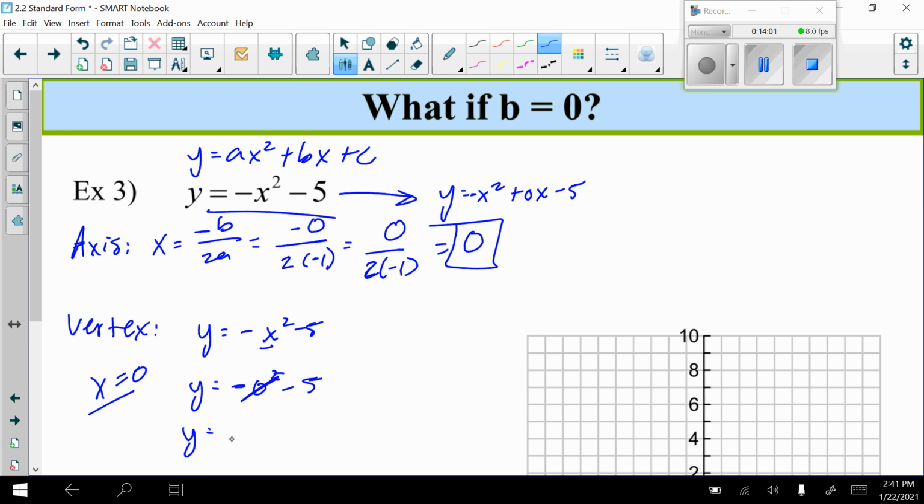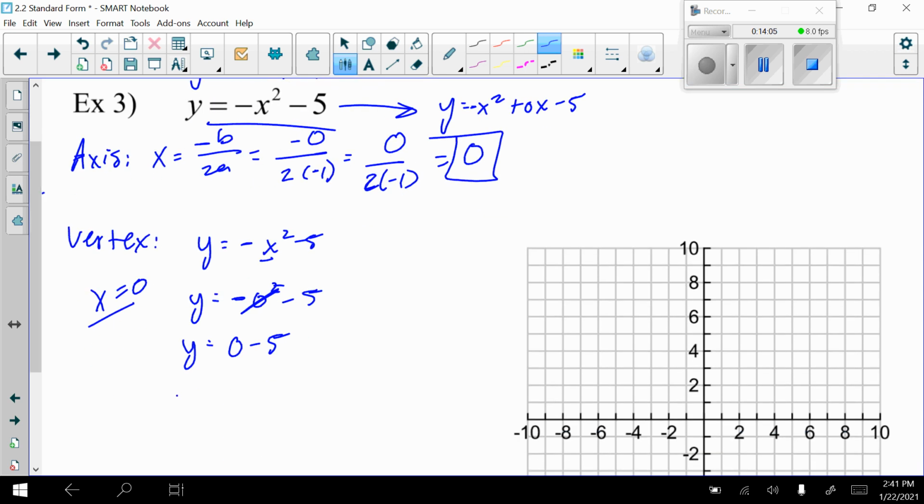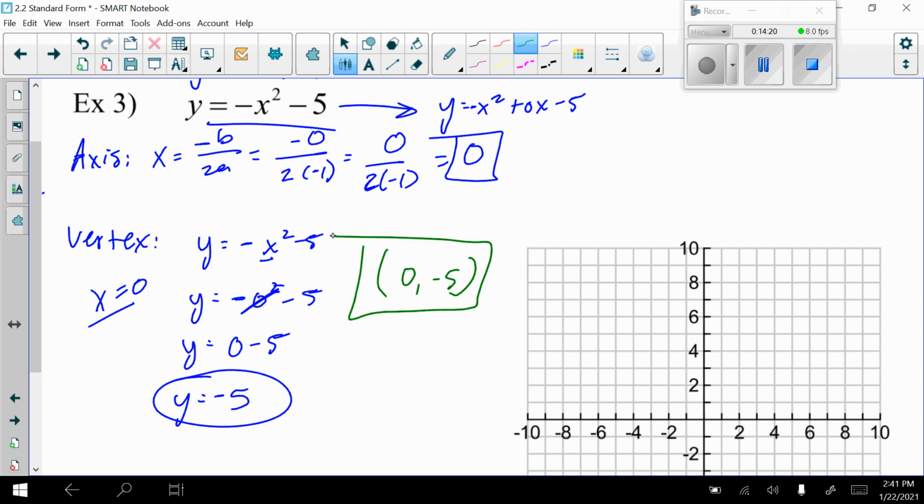So that's gone. And I have 0 minus 5. So I just end up with negative 5 as my y value. That means that my vertex is the point 0, negative 5. That is going to be my vertex in this problem.